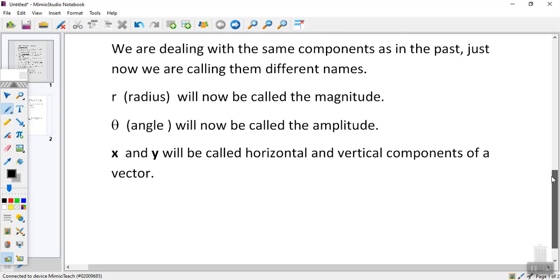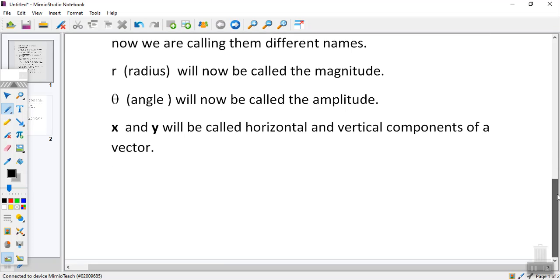Since we're dealing with the same components as in the past, just now we're going to be calling them different names. So r is going to stand for what again, kids? Radius. Theta is going to be your angle, typically measured in degrees, okay? And the radius is going to move to what? Magnitude. And the angle is going to move to, you know this, all right?